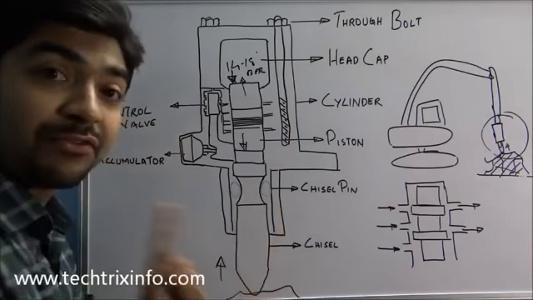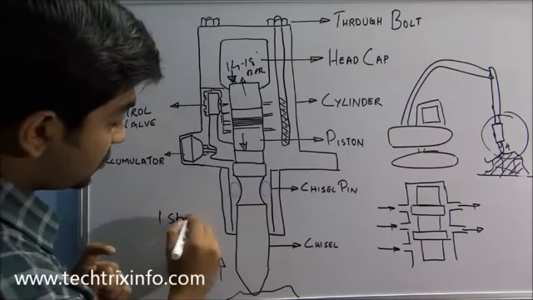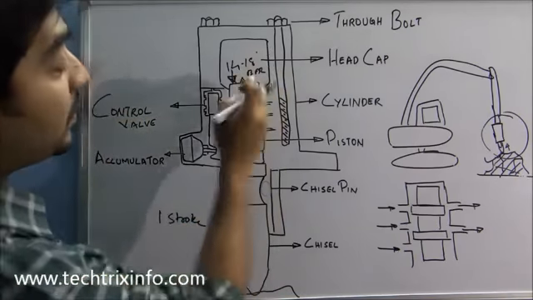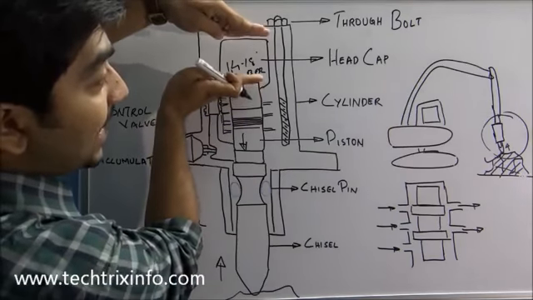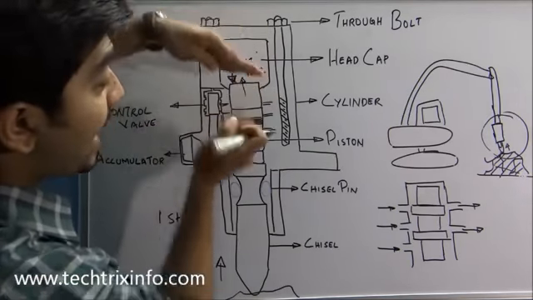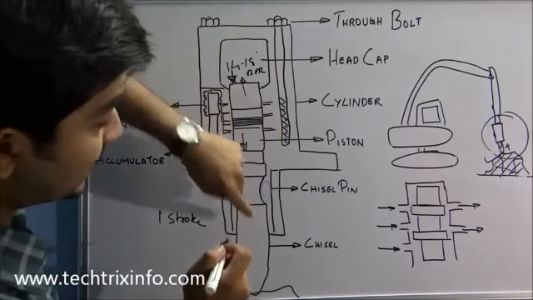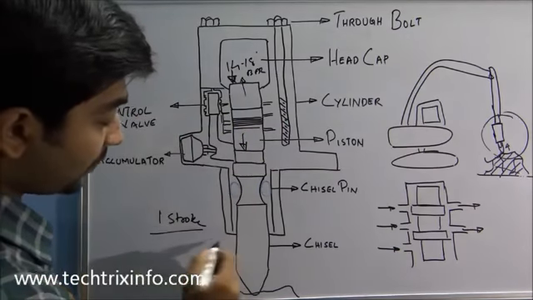So that's the first stroke. The first stroke happens when the pressure of the nitrogen gas in the head cap pushes back on the piston, and the piston hits the chisel.